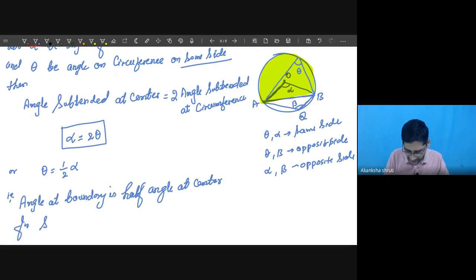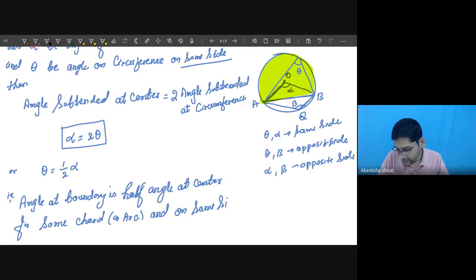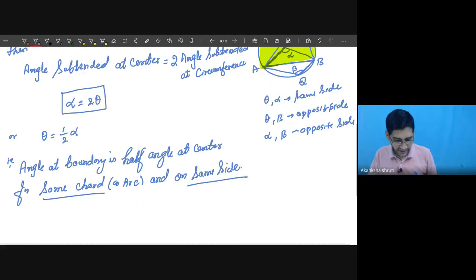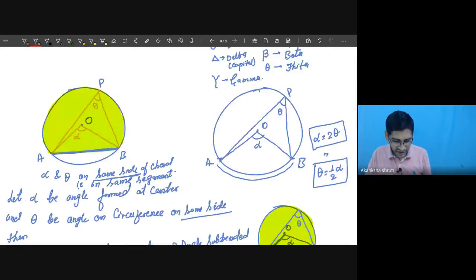For same chord or maybe the arc and on same side, that we need to consider. Okay, students? So this is important. So for this same chord on the same side, this relation. Now here we have drawn it very conveniently. So this is the first thing that we have learned.